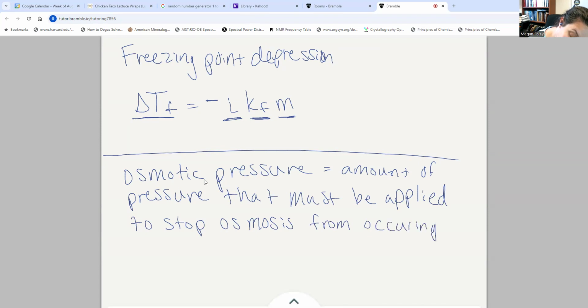And in case you have forgotten what osmosis is, or you've never learned what osmosis is, this is the movement of solvent particles across the semipermeable membrane.